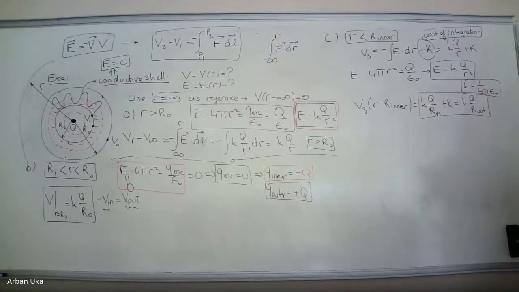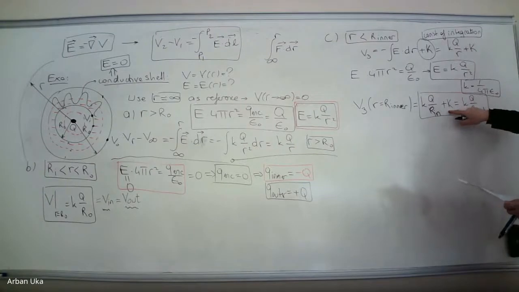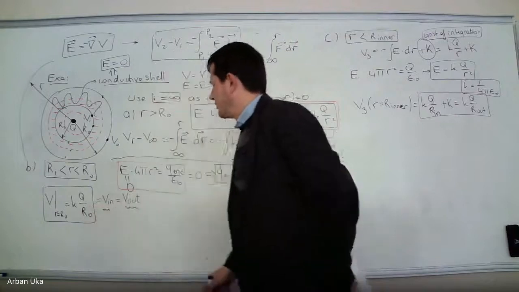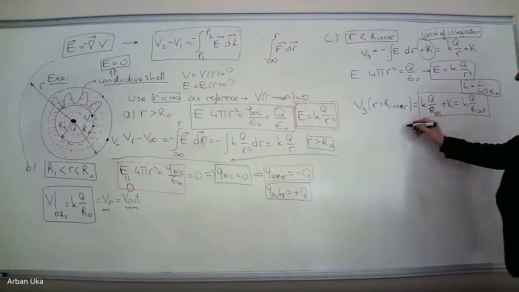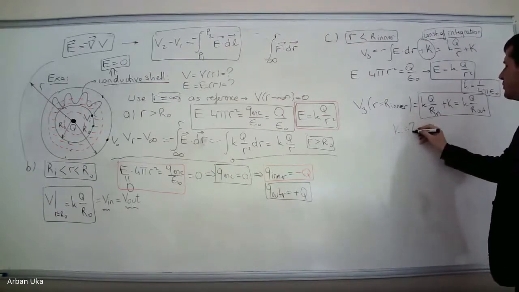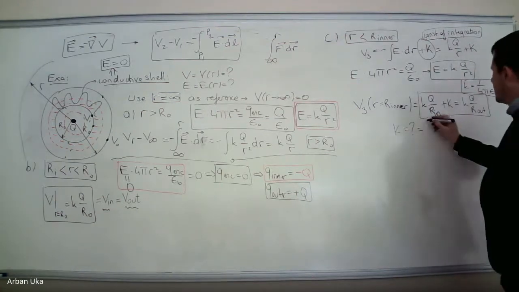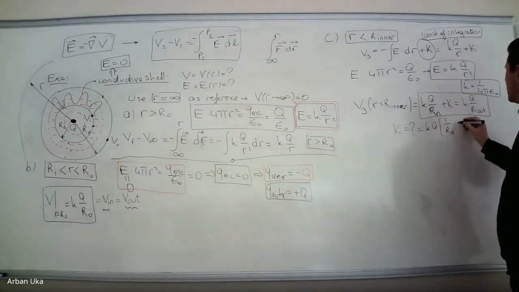So KQ over R inner, the expression we get from here, plus this constant should be equal to this specific value. We are using this expression to determine this constant of integration K. And this constant of integration K can be written as KQ times 1 over R out minus 1 over R in.